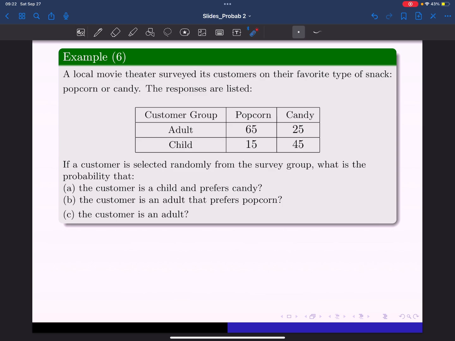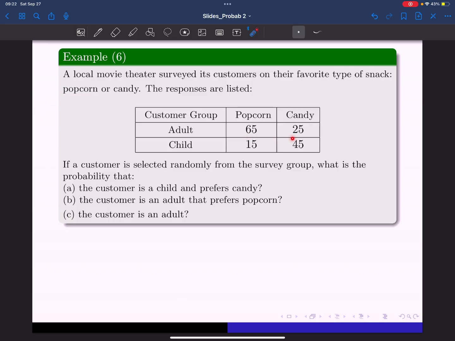Now, if a customer is selected randomly from the survey group, what is the probability that the customer is a child and prefers candy? We have 45, but we need the total number of surveyed adults and children.